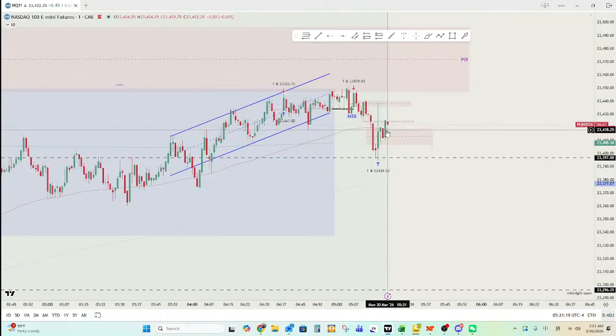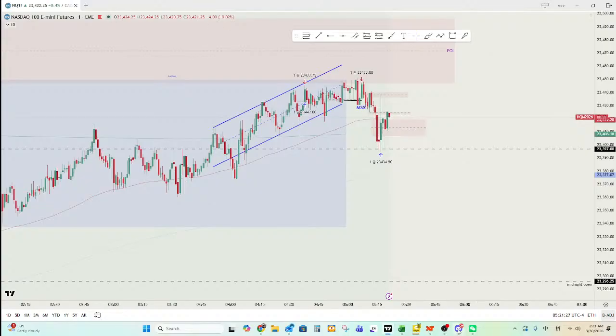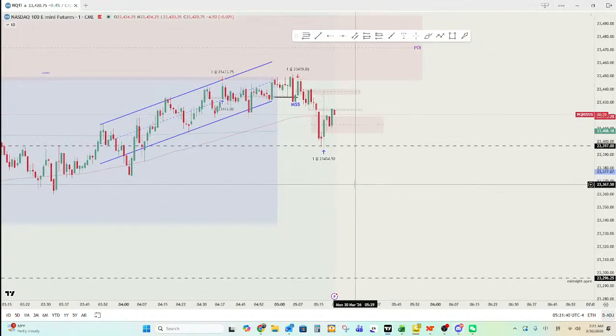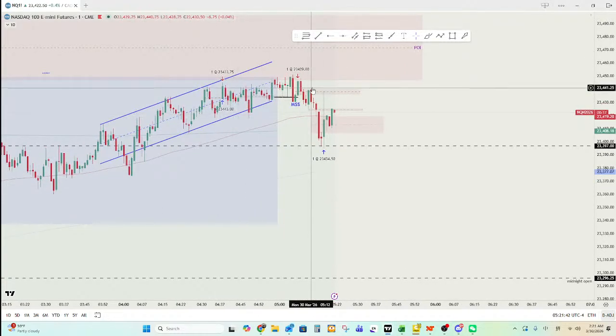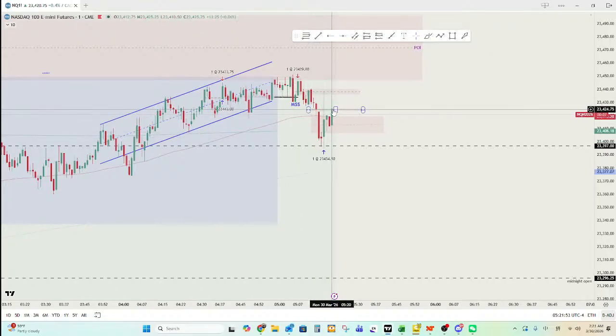A lot of buyers probably will enter here. So you never know if this is the end of the pullback or just the start of the bear trend.